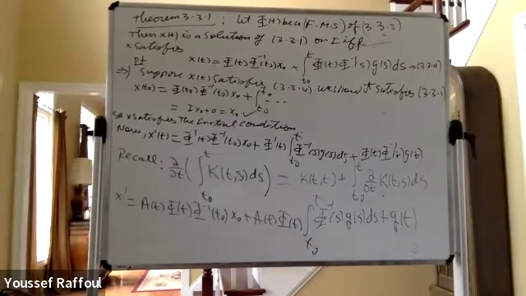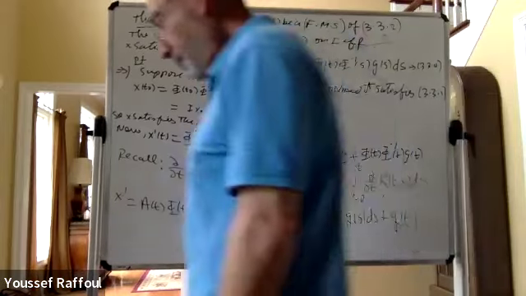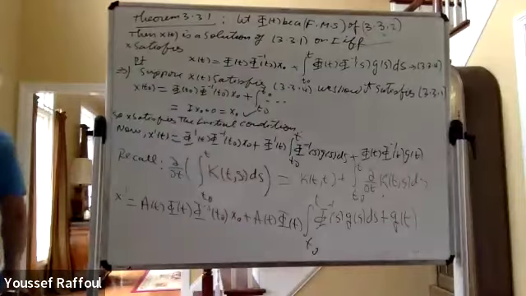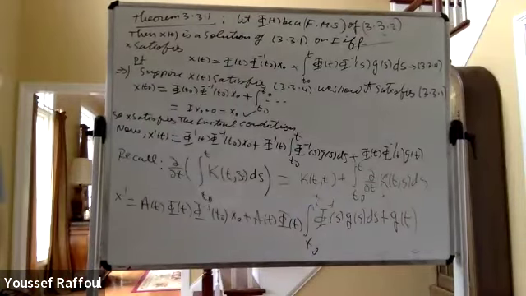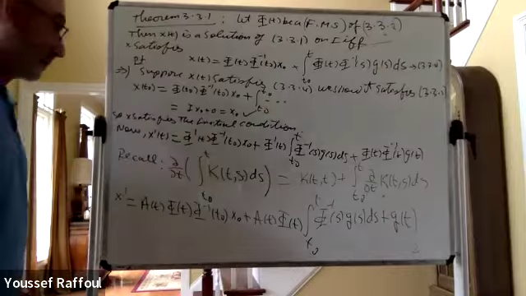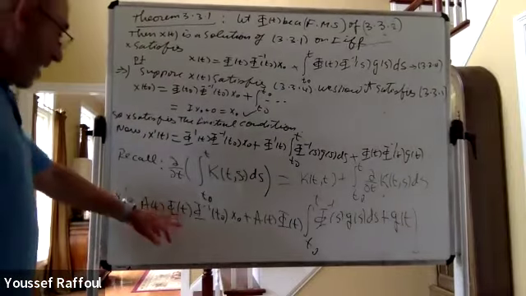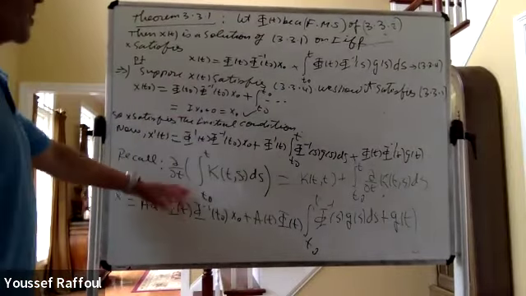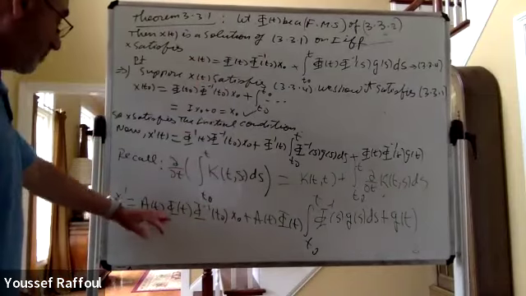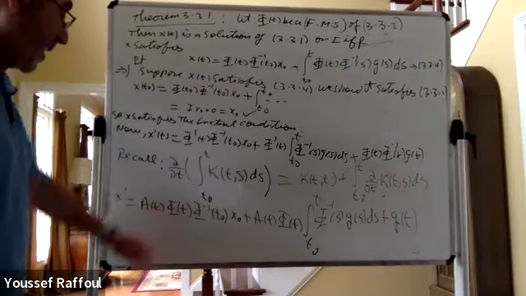You see what happened? Because phi is the fundamental matrix of the homogeneous, that means phi prime is A phi.